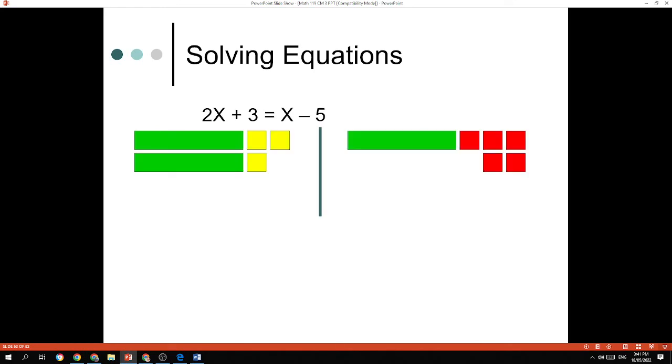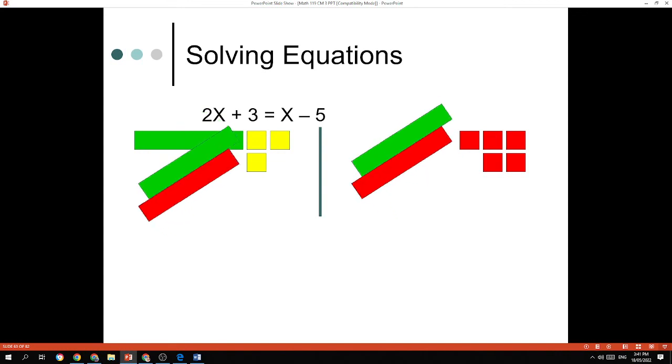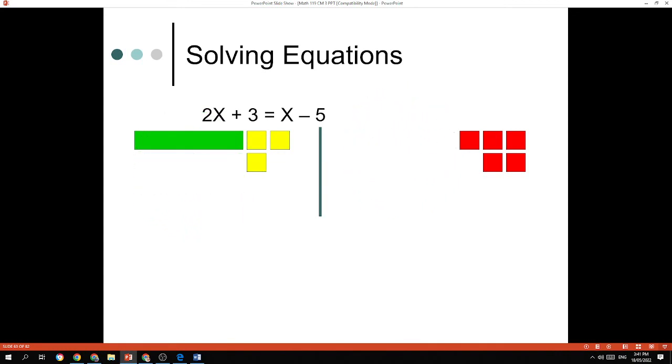This one. So I want to remove first this rectangle over here. So I'll be adding a red rectangle. Then, a 0 pair is formed and removed. Then after which, I'm going to eliminate this one, because the rectangle should be on one side and the squares on the other side.